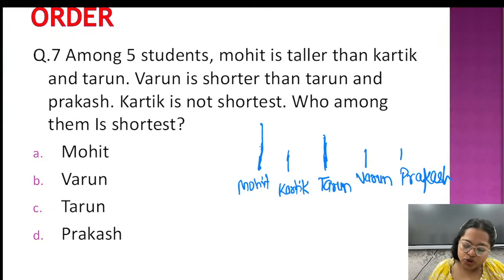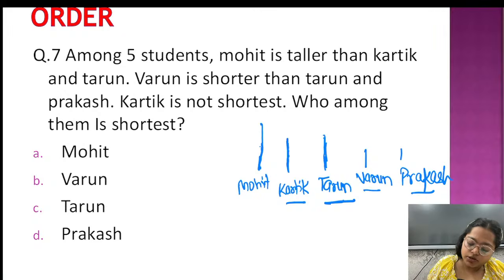Karthik is not shortest, so let's draw him also a little taller. Who among them is the shortest? Mohit is taller than Karthik and Tarun. Varun is shorter than Tarun and Prakash. So let's make Prakash a little taller than Varun.